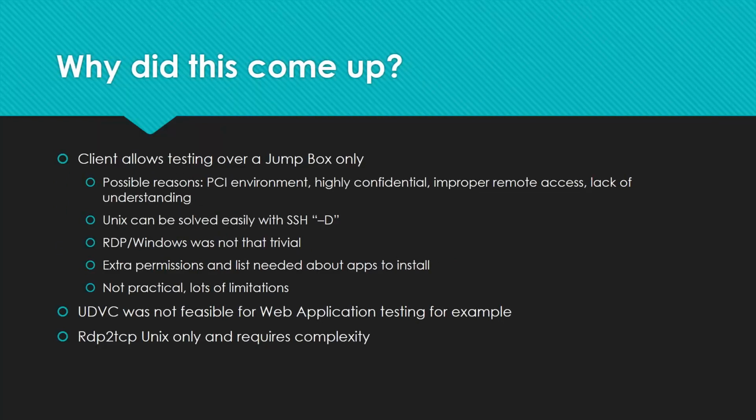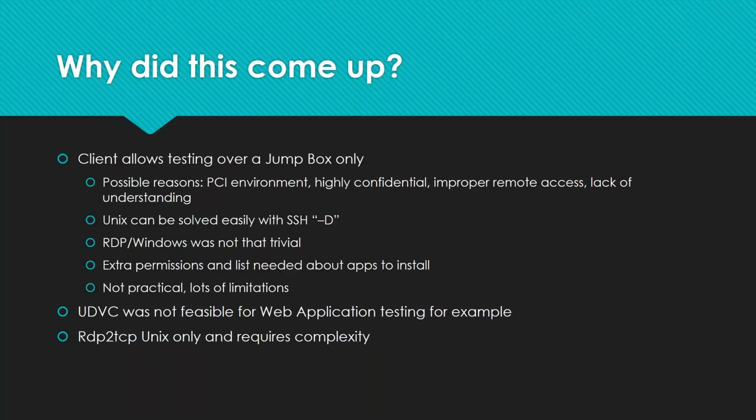So why did I come up with this? Basically, because of the nature of our work at NCC Group, we need to do a lot of penetration testing. That's our job, right? In some cases, there are environments that we can only access if we go through a jump box.